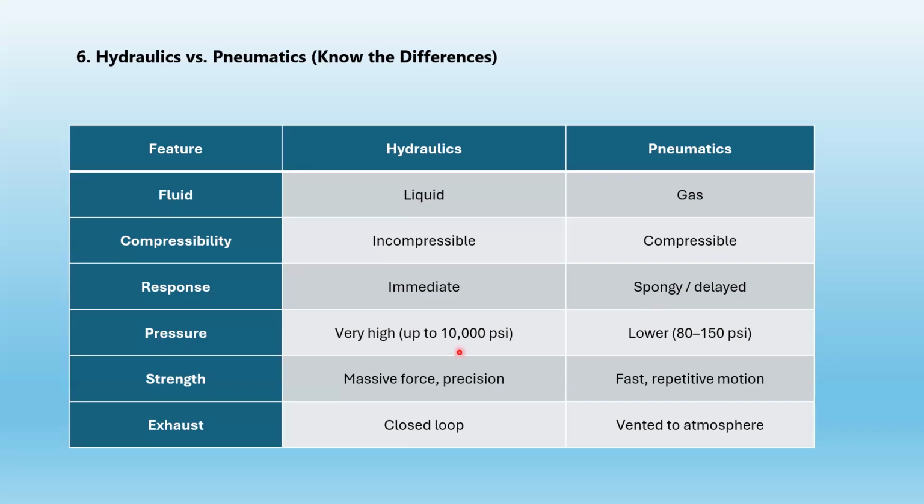Pressure. Not going to expect you to remember the numbers. Just know that hydraulics are associated with massive force, power, and precision. Just imagine a backhoe with those cylinders sliding in and out.